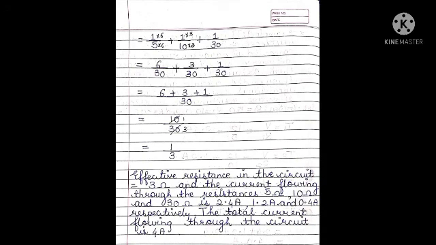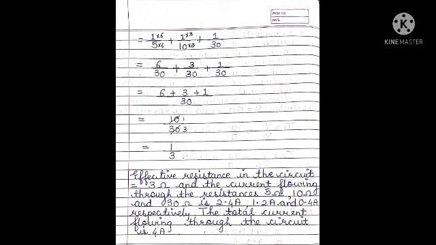So, effective resistance in the circuit is equal to 3 ohms, and the current flowing through the resistances 5 ohm, 10 ohm and 30 ohm is 2.4 ampere, 1.2 ampere and 0.4 ampere respectively. The total current flowing through the circuit is 4 ampere.